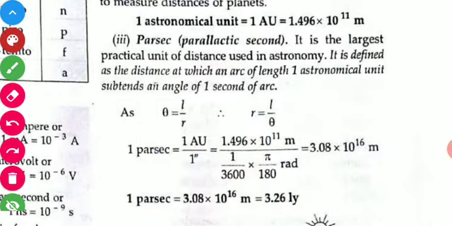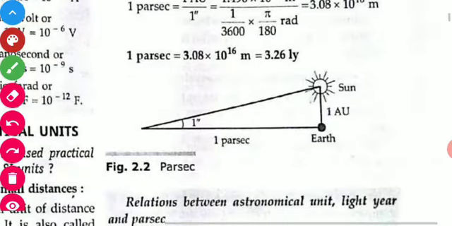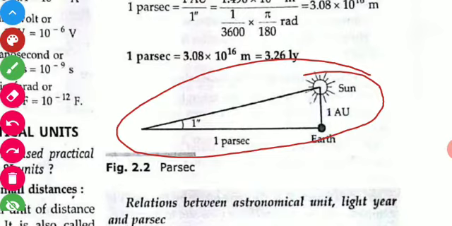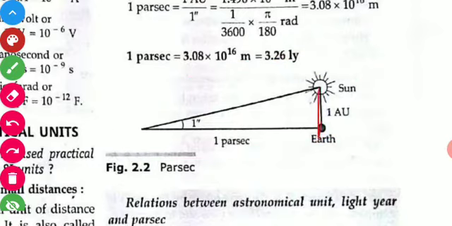So students, if you see here, I am talking about this 1 AU and our angle is 1 second, then this length is known as 1 parsec. Its value is 3.08 into 10 to the power 16 meter. So this is the value of 1 parsec.